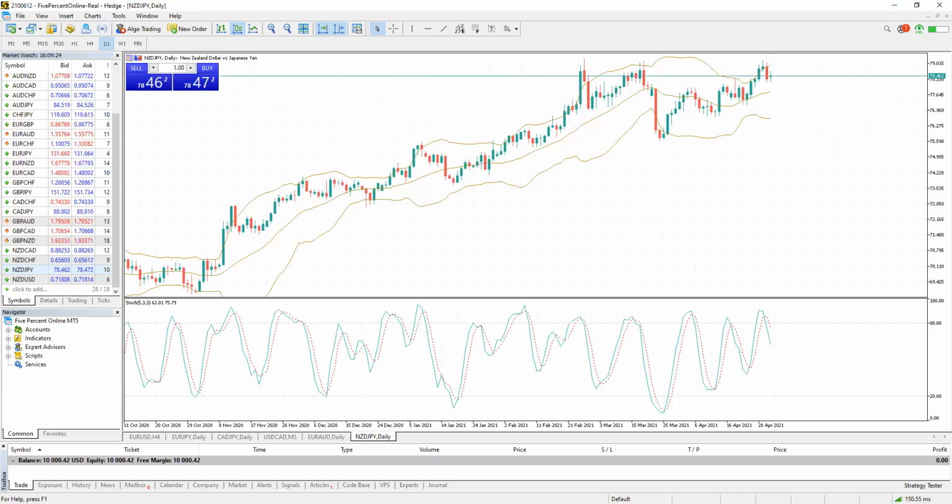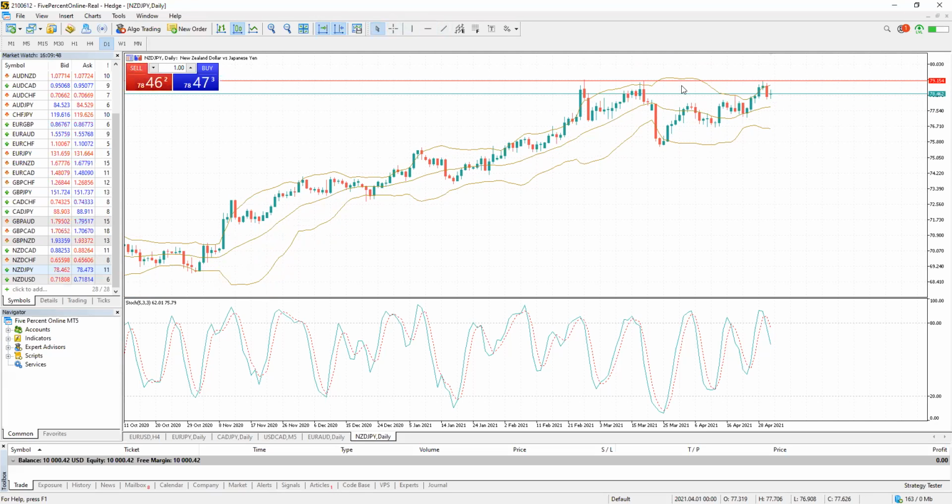Okay, I see that you are short in the New Zealand yen. I think that's good. One time, two times. Still, the price is really bullish on the long term. But if you know how to handle the risk management of this trade, it could be a good one.